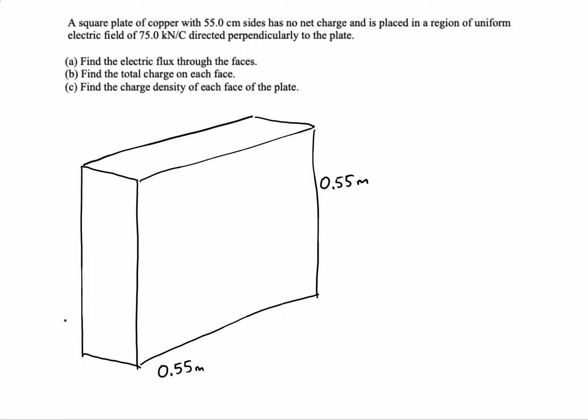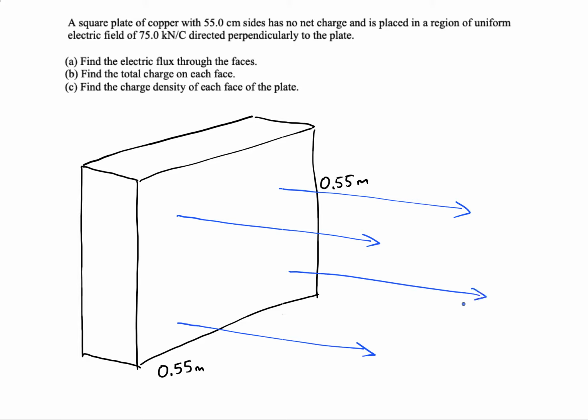And they didn't say what the thickness was going to be. The electric field vectors flowing through the plate's surfaces are going to come out perpendicular to the plate. These are the electric field vectors.